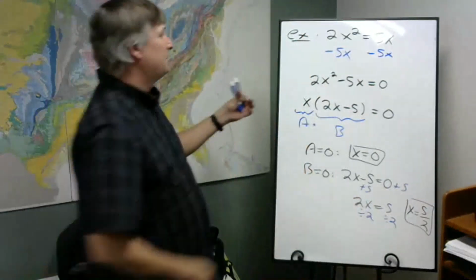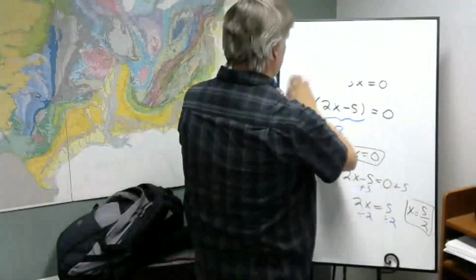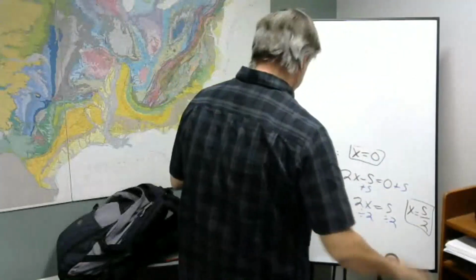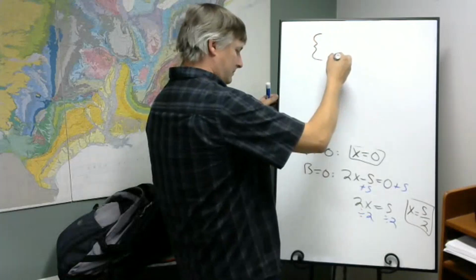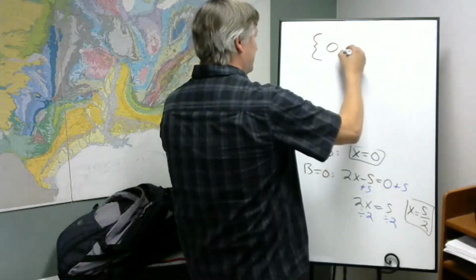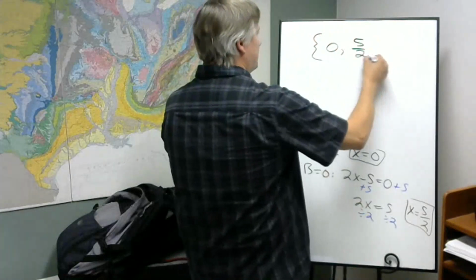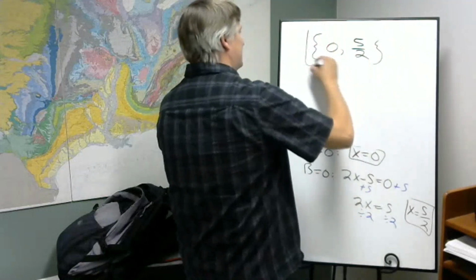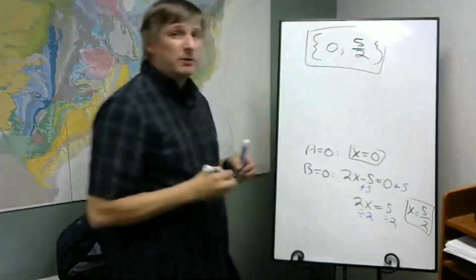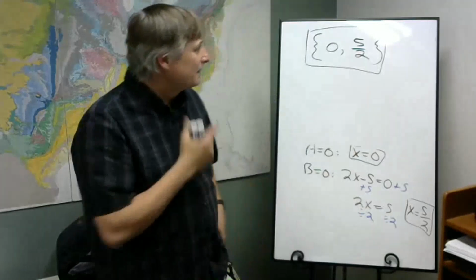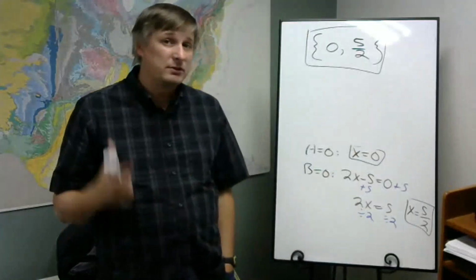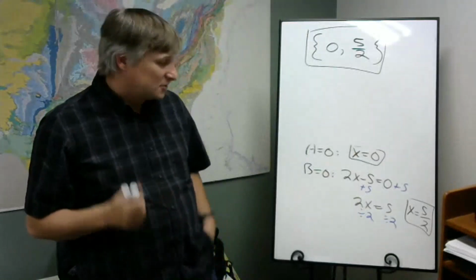So what this means is this. Our answer is 0 and 5/2. So you want to avoid problems where you're dividing by x. Don't divide by x, because unless they tell you x will never be 0. So just a little trick question there.